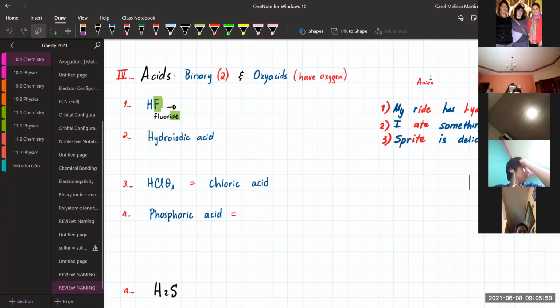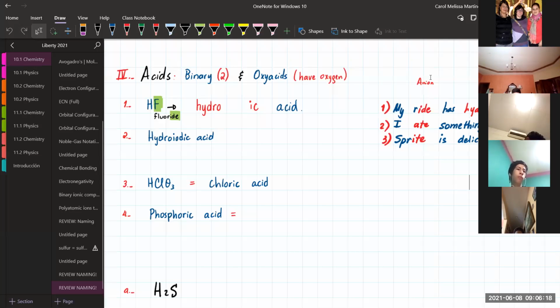So the name of this compound will be hydro, and then the word acid. And what I'm going to write between hydro and ic is the root of the anion. The root of fluoride is fluor. So the name of this acid will be hydrofluoric acid. My ride has hydraulics.